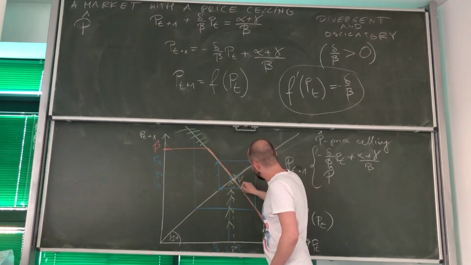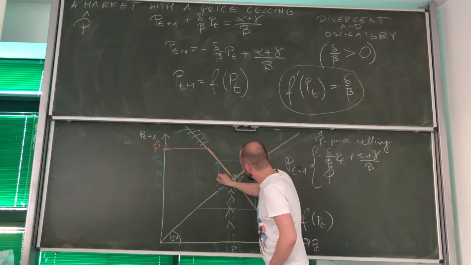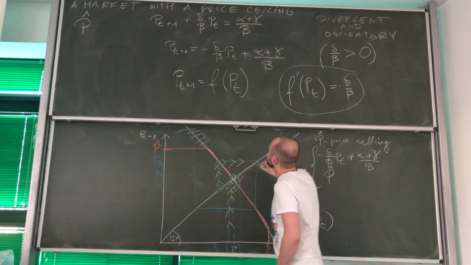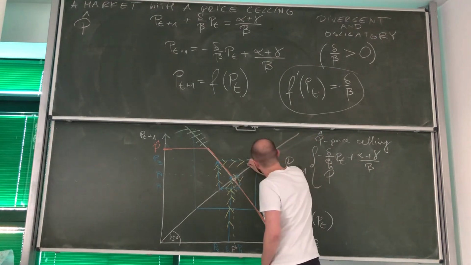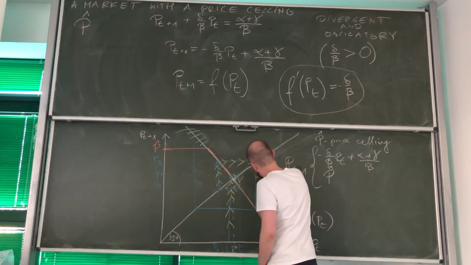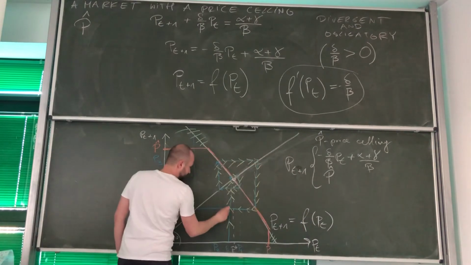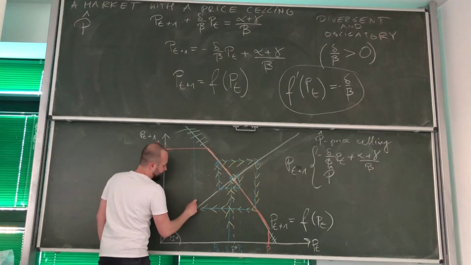We see that with each next consecutive period we see oscillation and divergence, and we are moving further and further away from equilibrium, right?